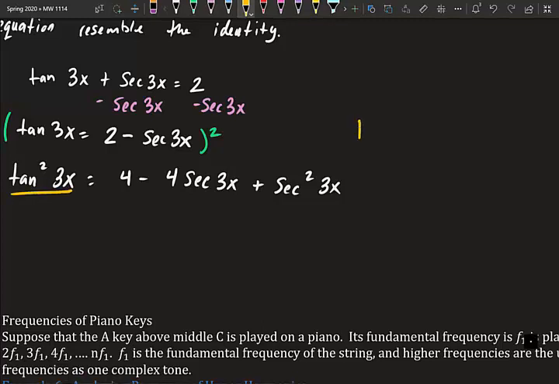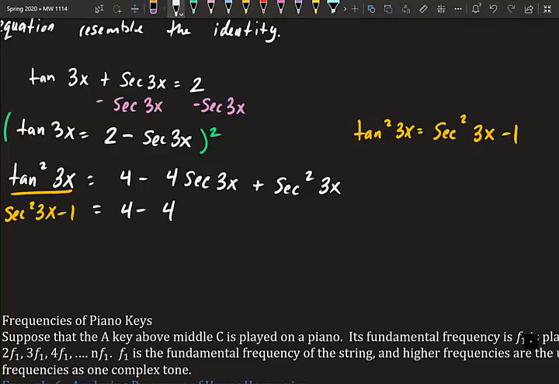We know that tangent squared 3x is the same thing as secant squared 3x minus 1. So let's switch that to our secant. So we have secant squared 3x minus 1 equals 4 minus 4 secant 3x plus secant squared 3x.